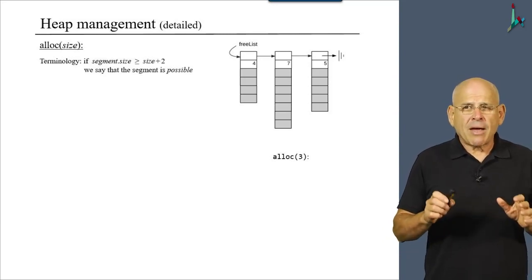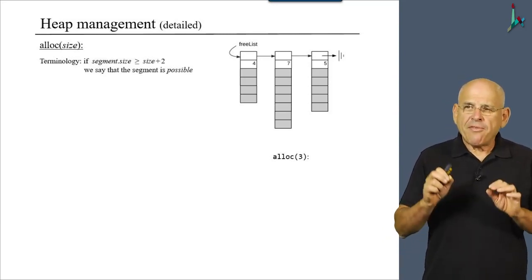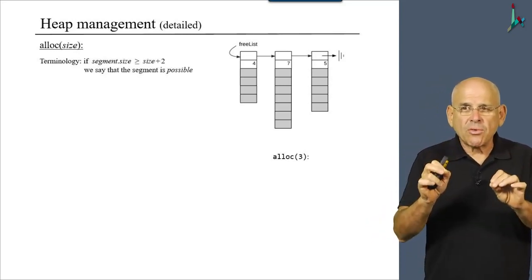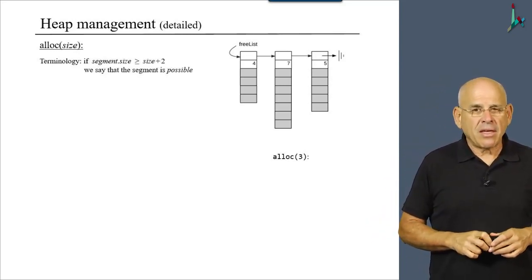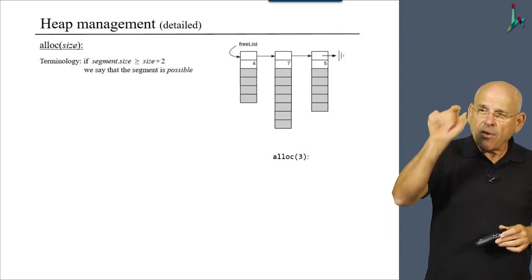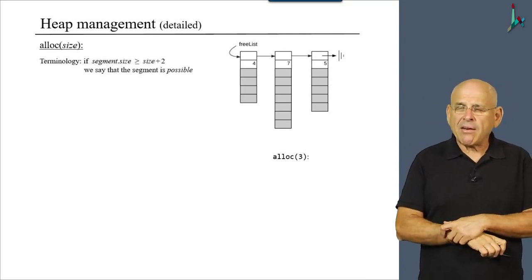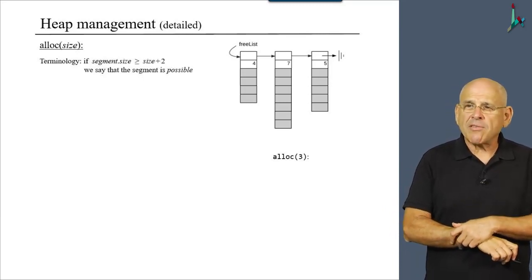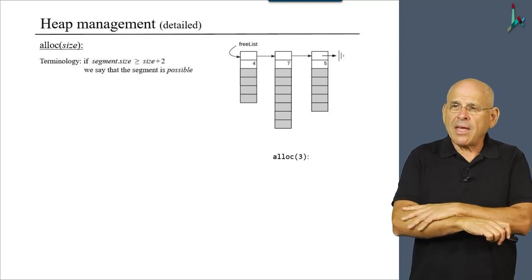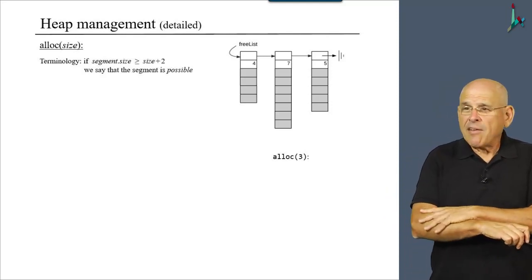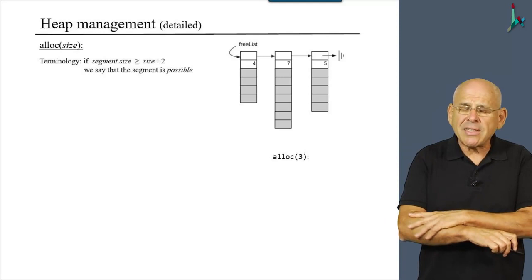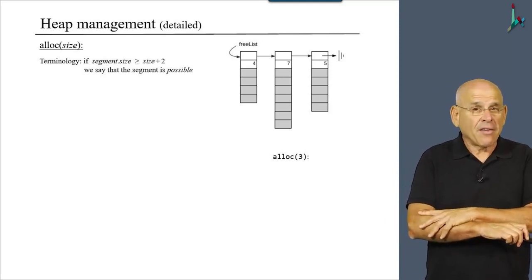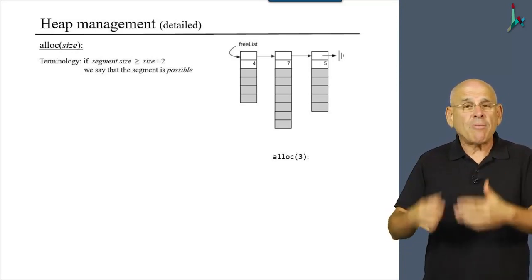Well, let me start with some terminology. If the segment size is greater than size plus 2, we say that the segment is possible. If you look at this free list right here, you will see that the first segment is not possible, because the data size of this segment is 4, and in fact we need 5, because we just decided that we need 3 plus 2.